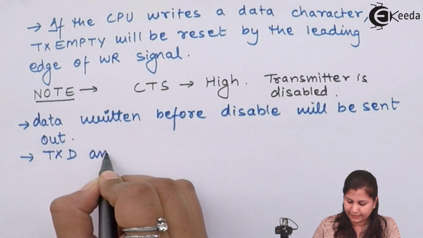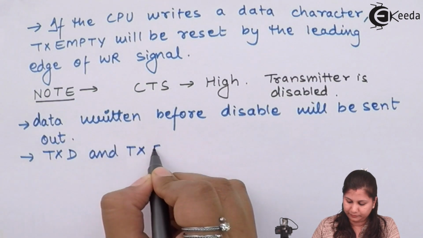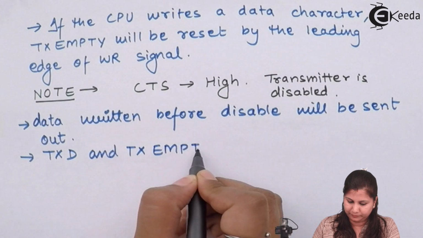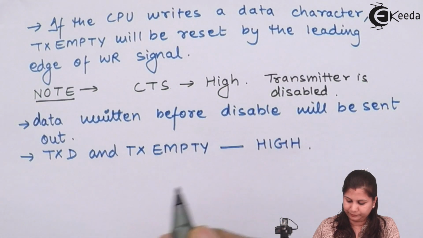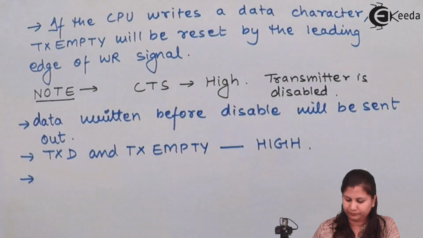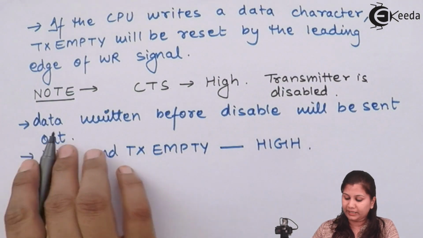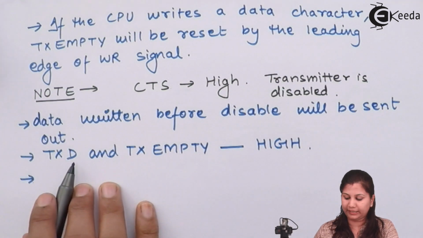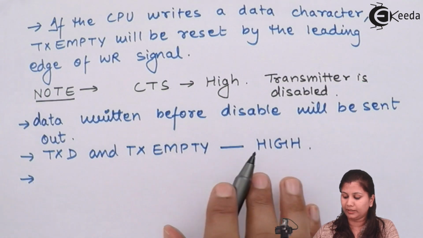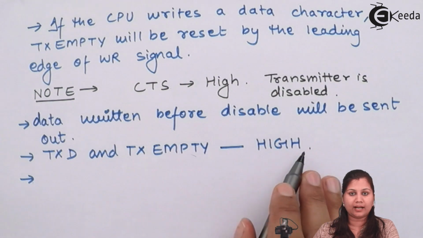The TXD and TX empty will be at high. So when data is written before the disable, it will be sent out, and the transmit data and transmitter empty pins will be at high.